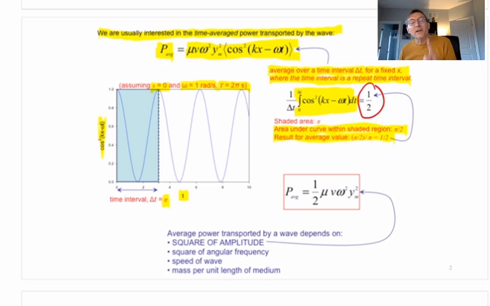If you find the time average of cosine squared over the repeat interval, you get 1/2. Same is true for sine squared. Doesn't matter whether it's cosine squared or sine squared. The average value of cosine squared or sine squared over one repeat interval is 1/2.